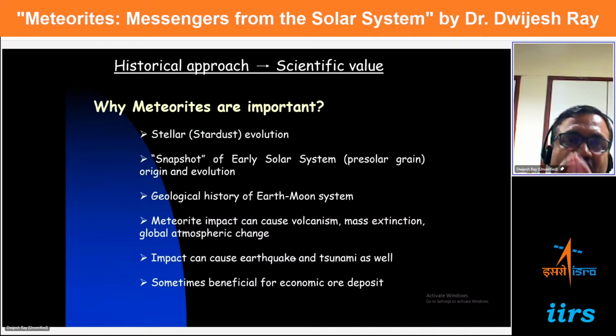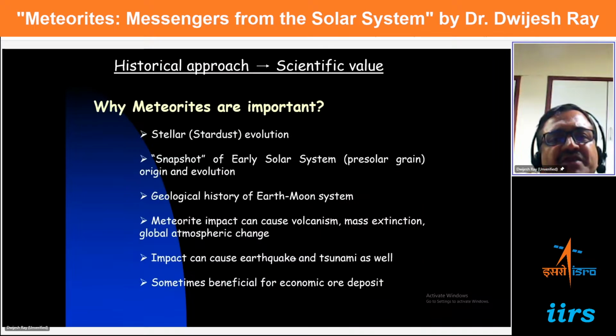We can talk about the Earth-Moon system based on lunar meteorites. Meteorites can also cause volcanism and mass extinction, which I already explained, and there are also some atmospheric changes that take place. It can also cause earthquakes, maybe on a local scale, or tsunamis as well.